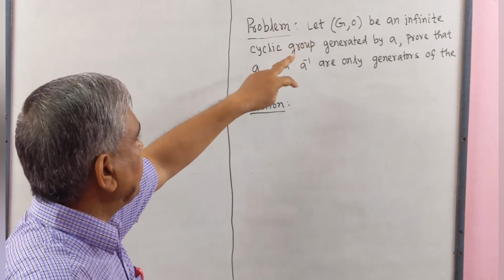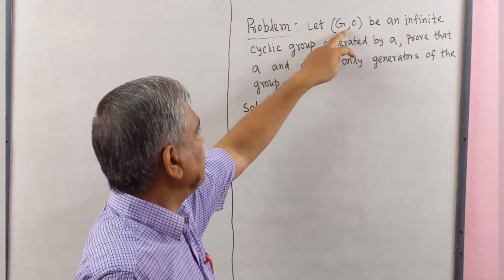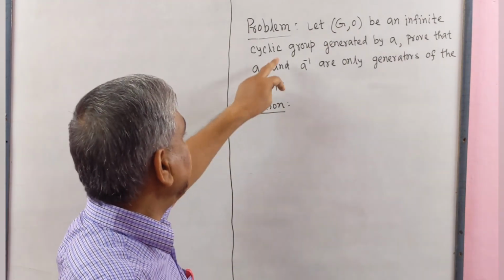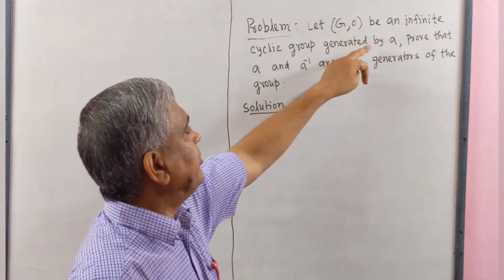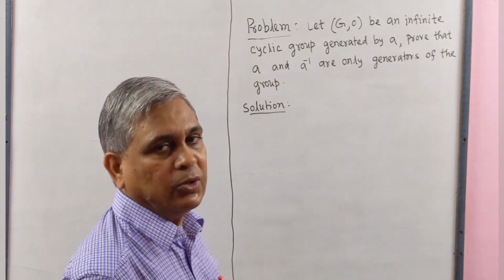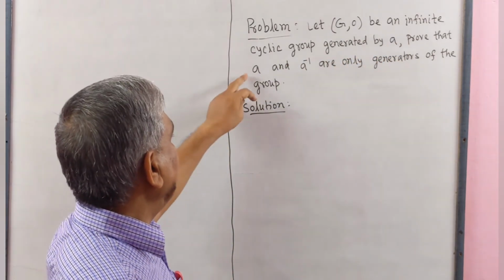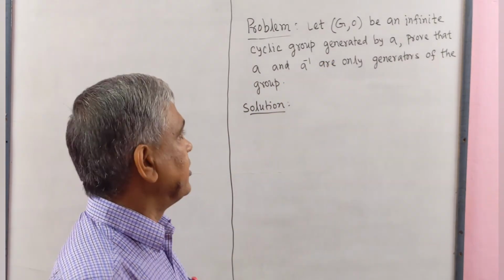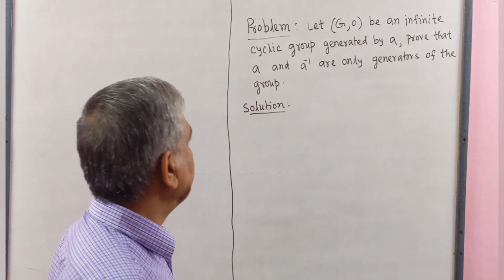Now we solve a problem. Let G with given binary operation be an infinite cyclic group generated by element A. Prove that A and A inverse are the only generators of the group.